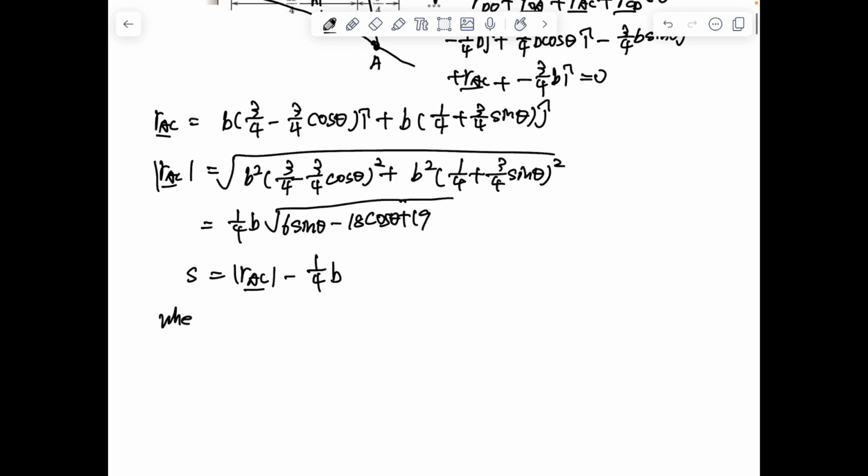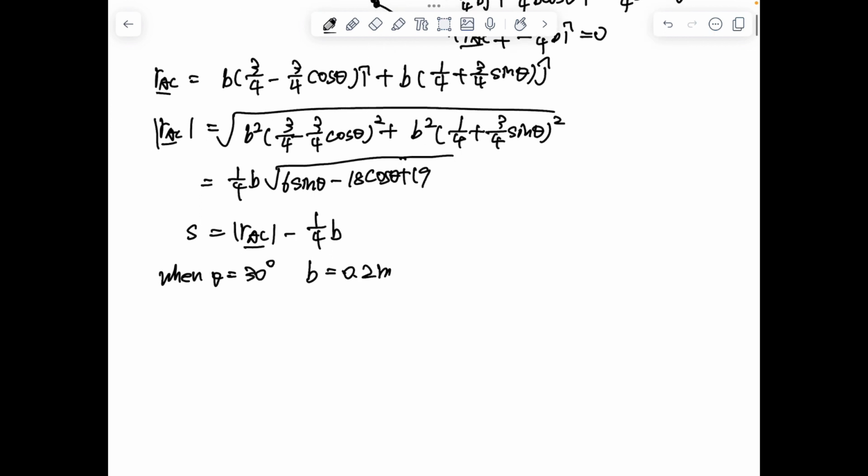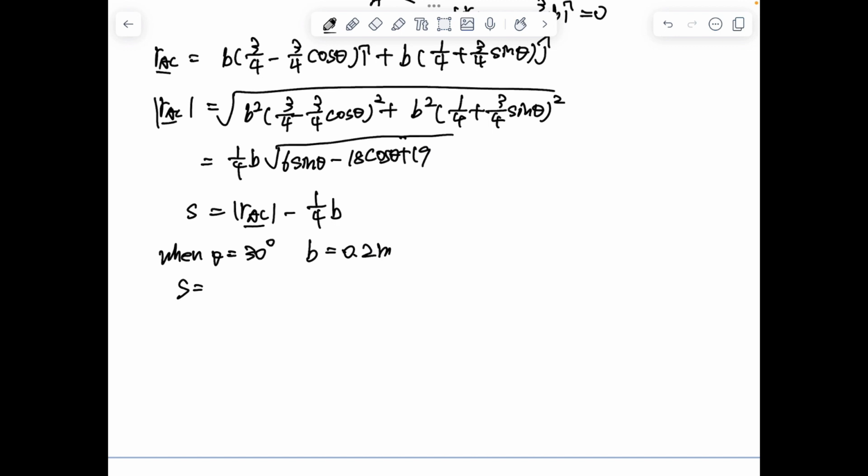Then when theta is equal to 30 degrees, B is equal to 0.2 meter. Then S, which is the stretch, is equal to 0.0766 meter.